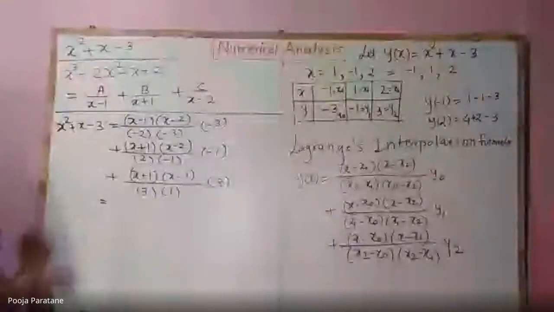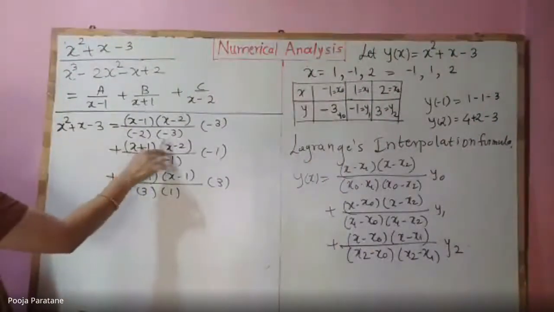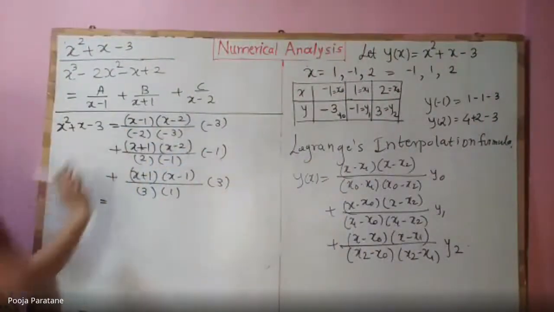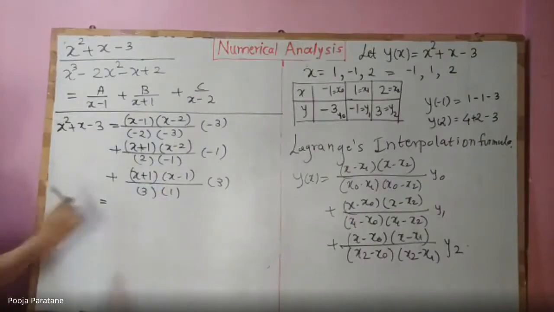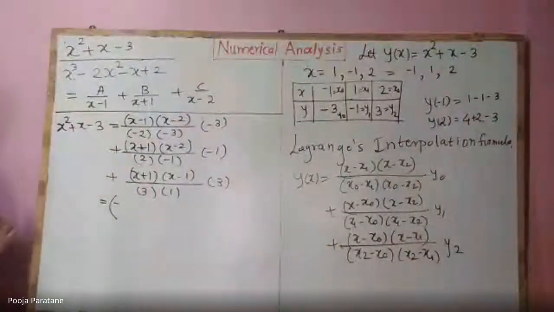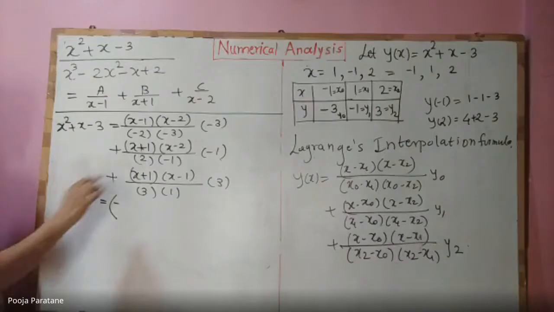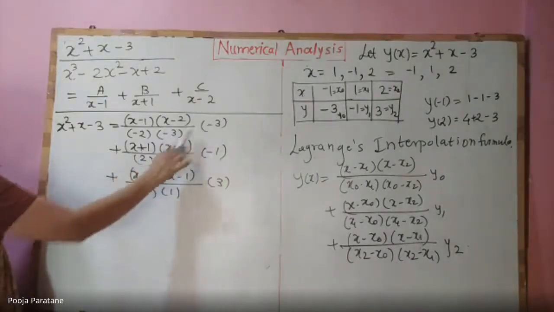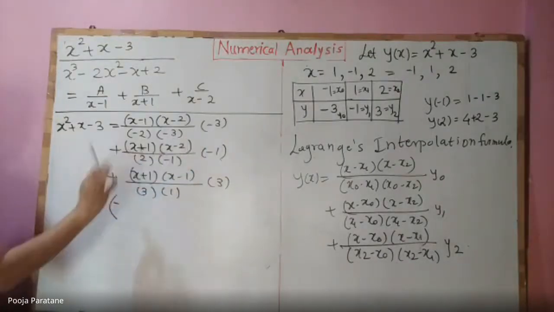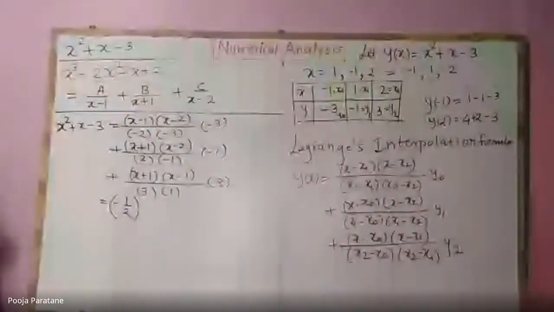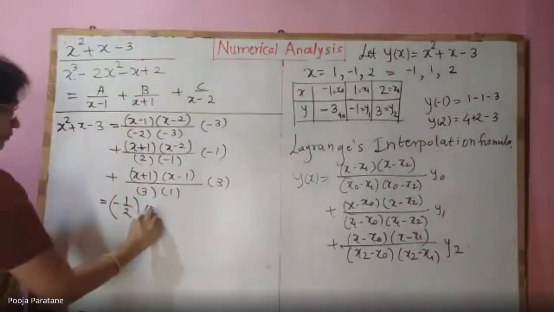Again, you collect the coefficients, and don't multiply the brackets, put them as they are. So this is equal to, now minus minus plus, but here minus 3 is there, so the minus sign is there for the constant. I have written the sign first, and now check the calculations. Now 3 and 3 will get cancelled. Only here you will get minus 1 upon 2.